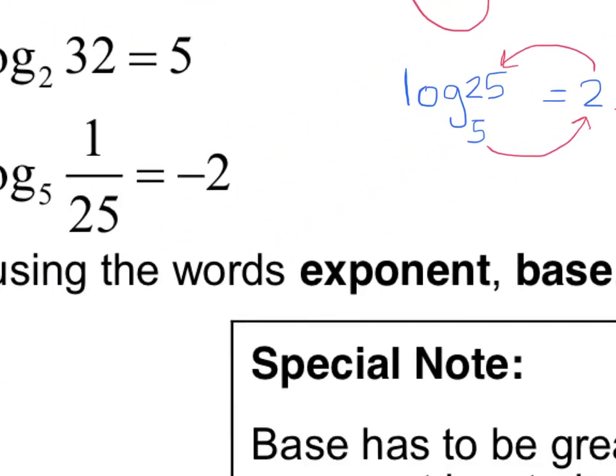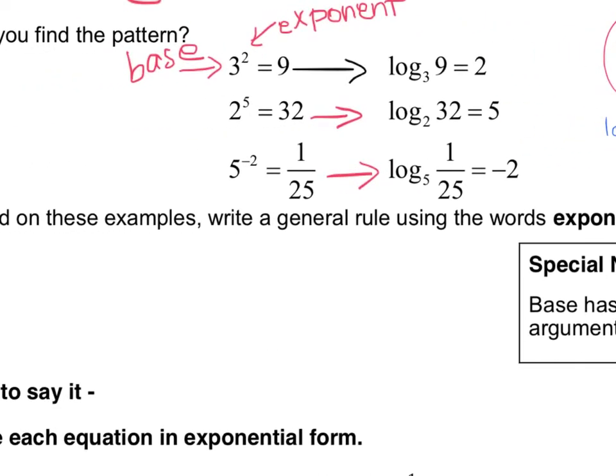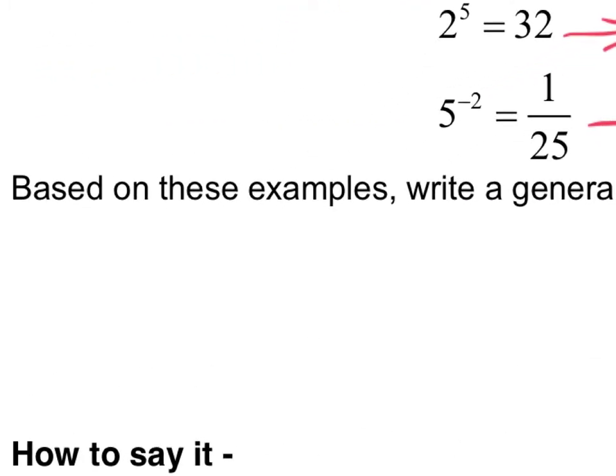So from this, let me try to write a general rule. If you have a base and you raise it to an exponent, it's going to give you an answer, or we're going to start calling it an argument.